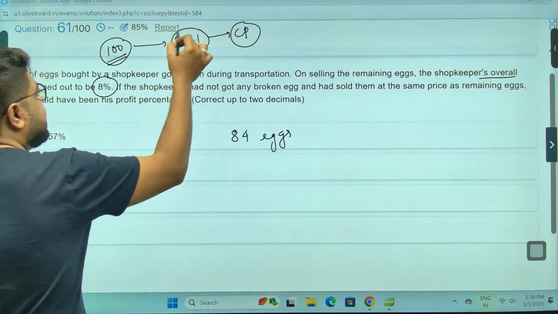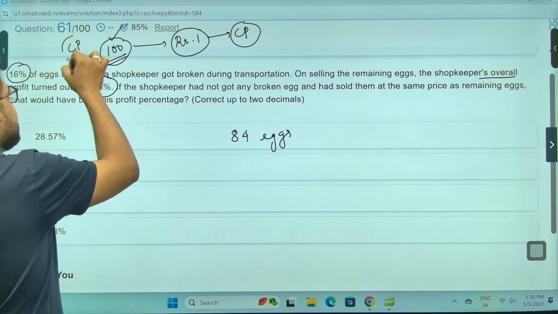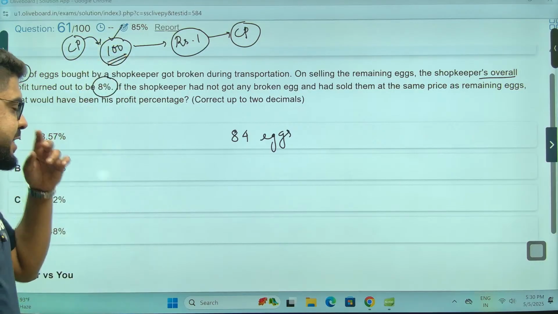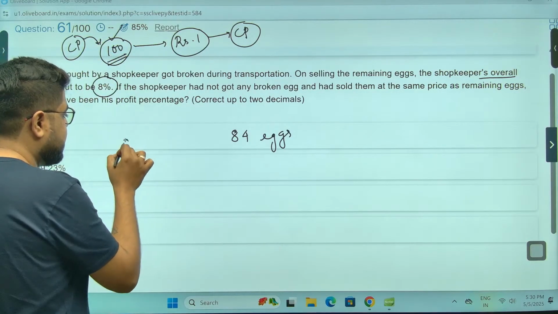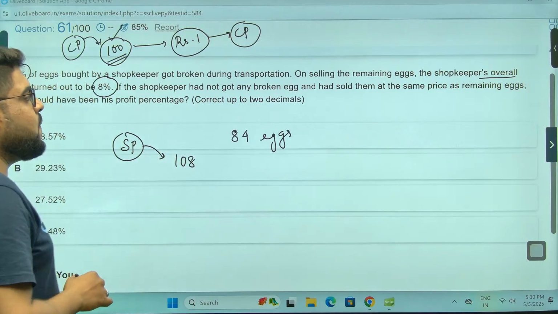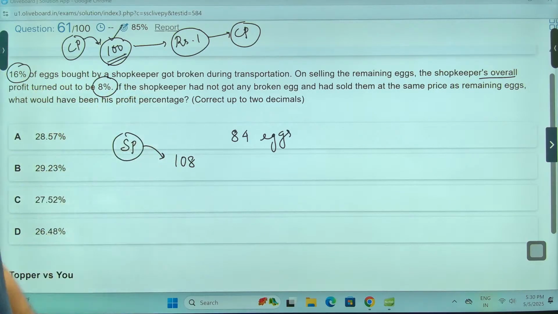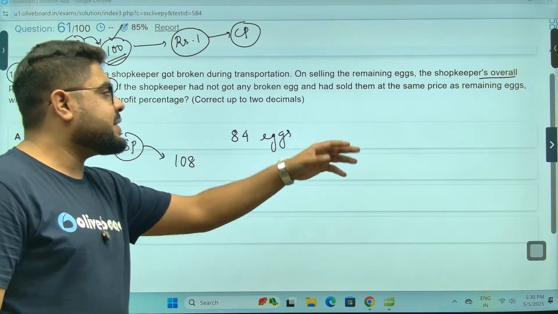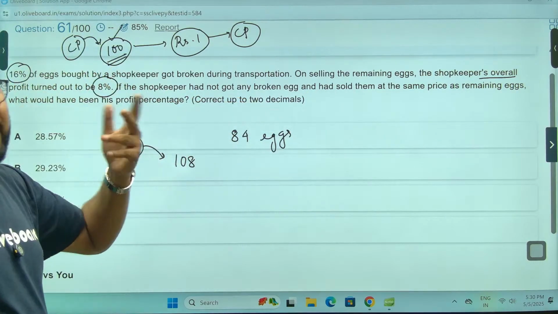So CP is 100 rupees, this is your total CP. 8% profit means SP will be 108 rupees. Now, if the shopkeeper had not got any broken eggs and sold them at the same price as the remaining eggs, what will be the profit? It is very simple.